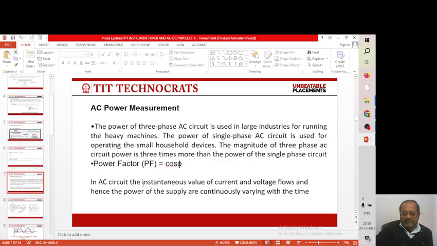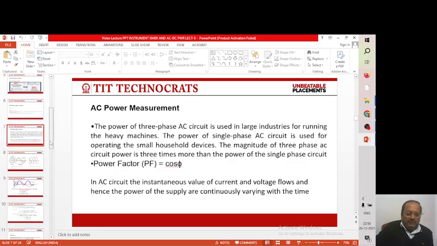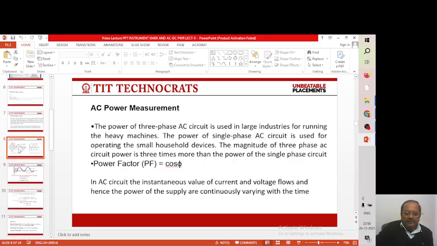In an AC circuit, the instantaneous values of current and voltage, and hence the power of supply, are continuously varying with time. So we can see this figure.